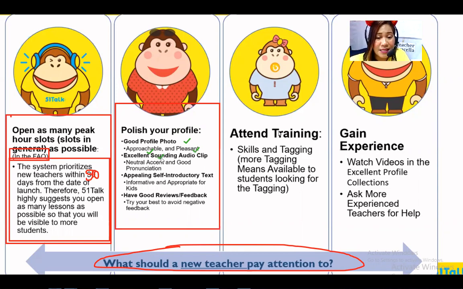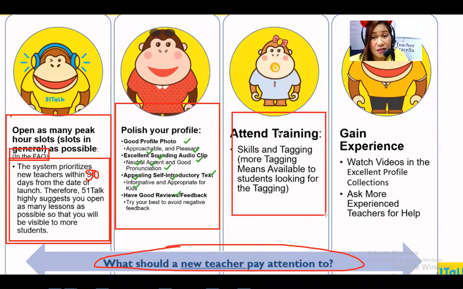You have to have an excellent sounding audio clip, a neutral accent and good pronunciation, an appealing self-introduction text, informative and appropriate for kids, and good reviews and feedback. Try your best to avoid negative feedback from the students. Otherwise, your 100% will become 50%, 75, 90, and so on.